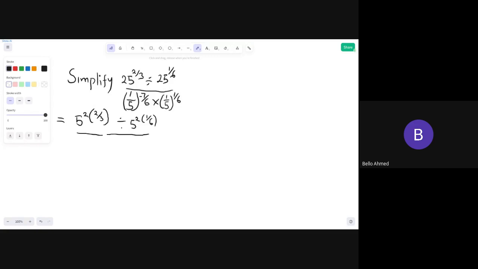The reason is that I'm going to show you soon. So now we have 1 over 5, then raised to the power of minus 7 over 6. Multiply 5 raised to the power of 1 over 6.